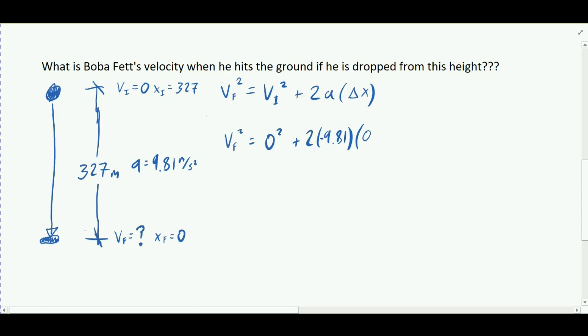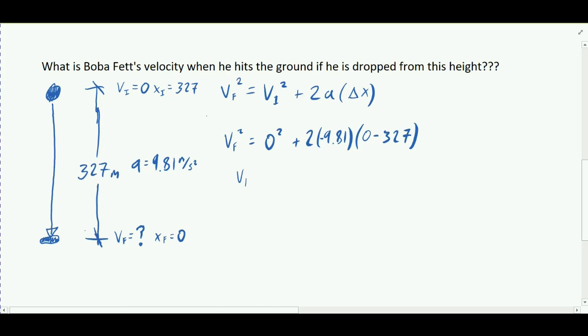Make sure you're doing that. Don't make that mistake, because then you might get the problem wrong because of a sign error. Gravity is typically negative depending on what orientation you're using. And normally you want to use it as a negative so that everything stays simple. So gravity's negative. And we got 2 times negative 9.81.